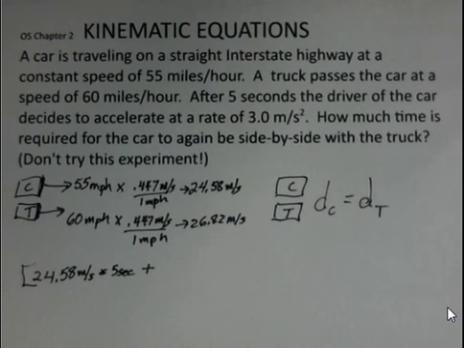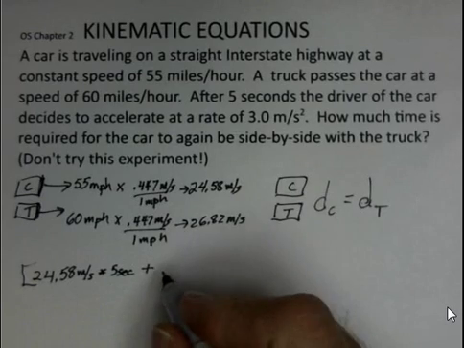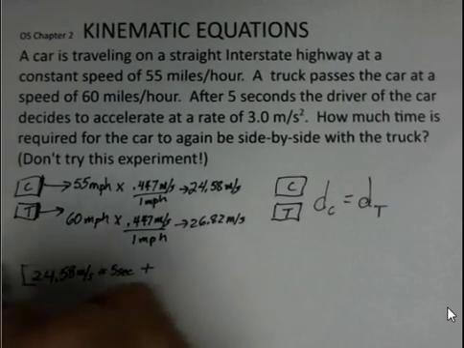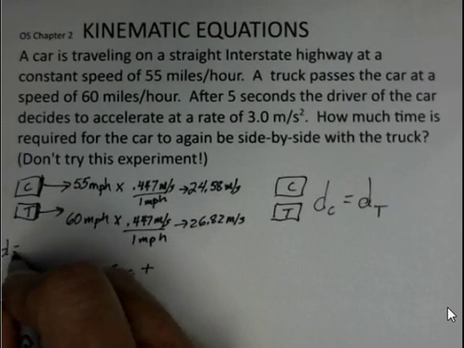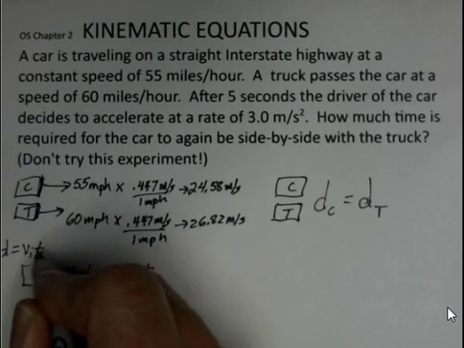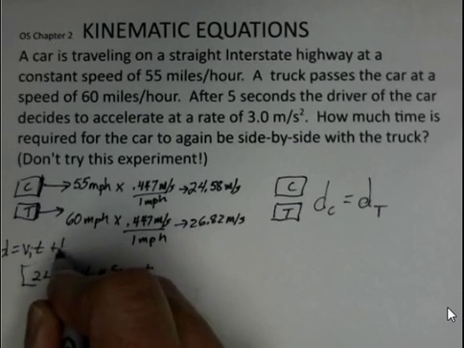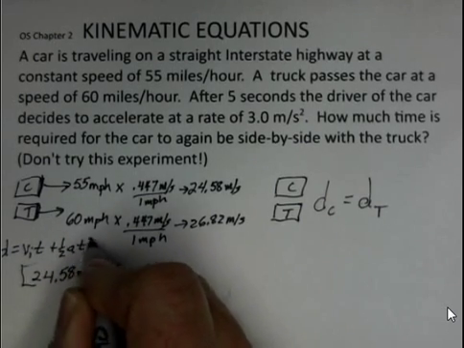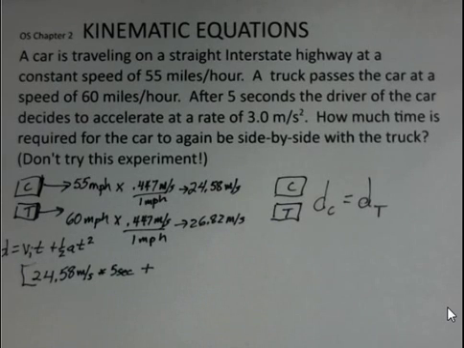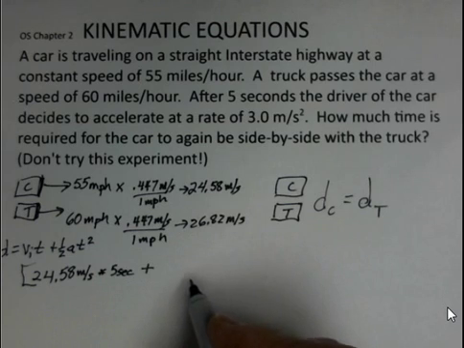And then we have the time when the car is accelerating. For that, I'm going to use distance is initial velocity multiplied by time plus 1/2 at squared. I'm going to use this calculation for the second part of the car's motion.